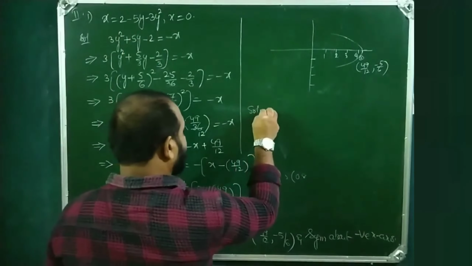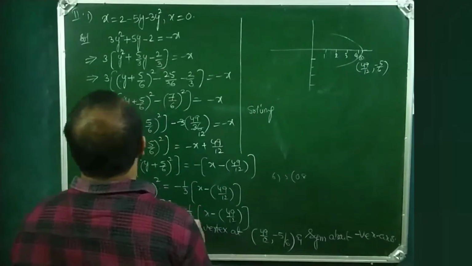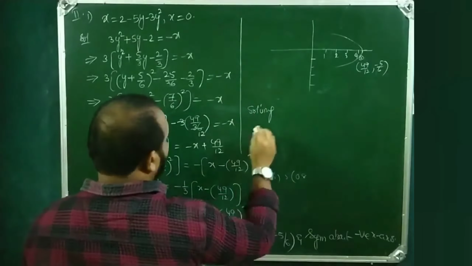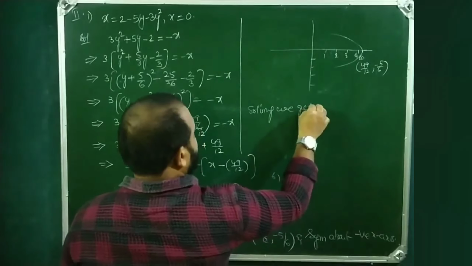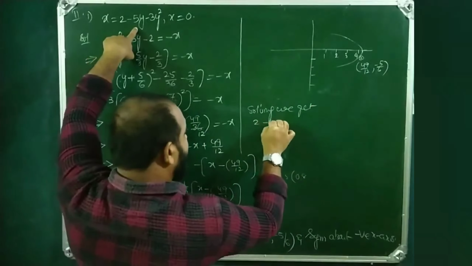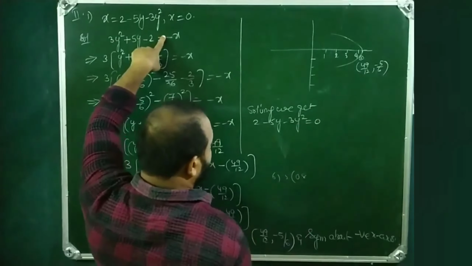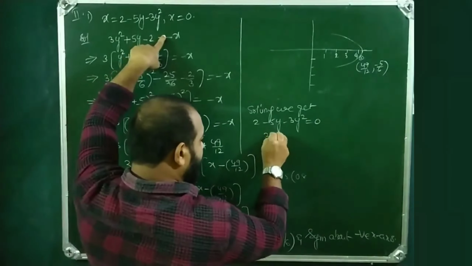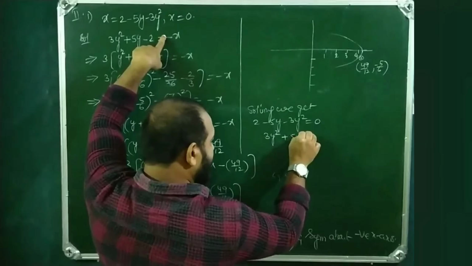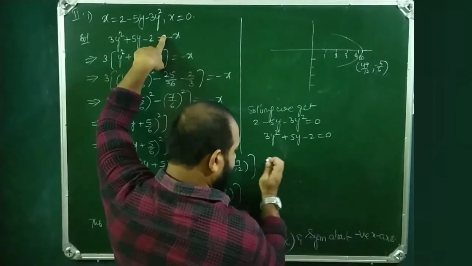Solving, we get 2 minus 5y minus 3y square equals 0. This is 3y square plus 5y minus 2 equals 0.